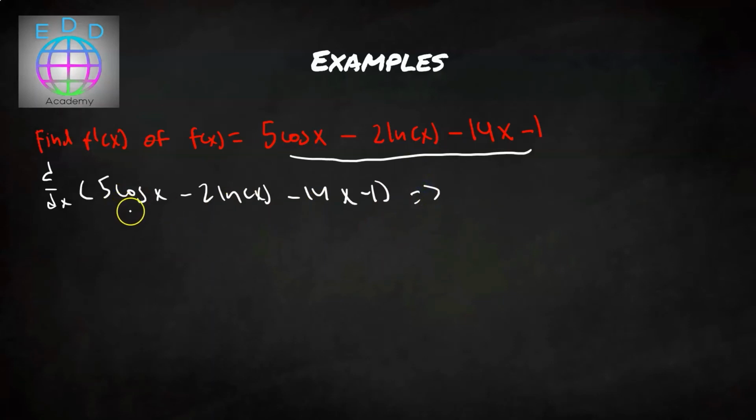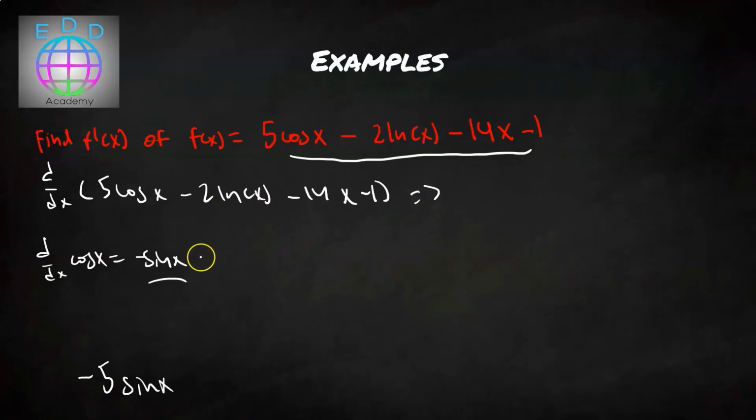let's consider, what is the derivative of cosine x? We learned last video that the derivative of cosine x is negative sine x. So what does that mean in terms of this derivative? It's, well, negative 5 sine x. Okay, so moving on to the next term.